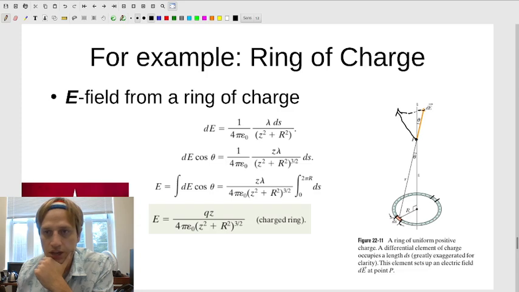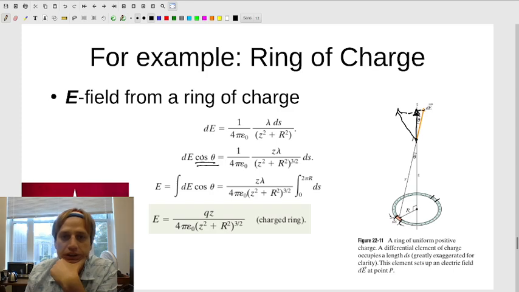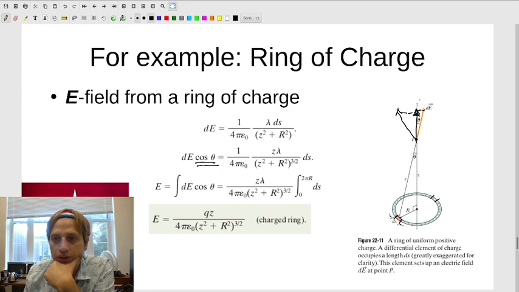So what it turns out is that we only have to take the electric field contributions that are going to be along the axis. Okay, so that's what our cosine of theta does for us. And we can now go ahead and integrate all of the on-axis contributions from each little piece of charge and integrate all the way around the circle.